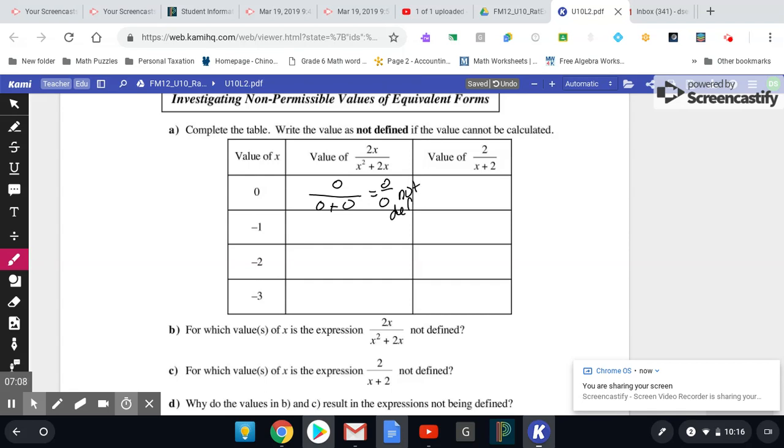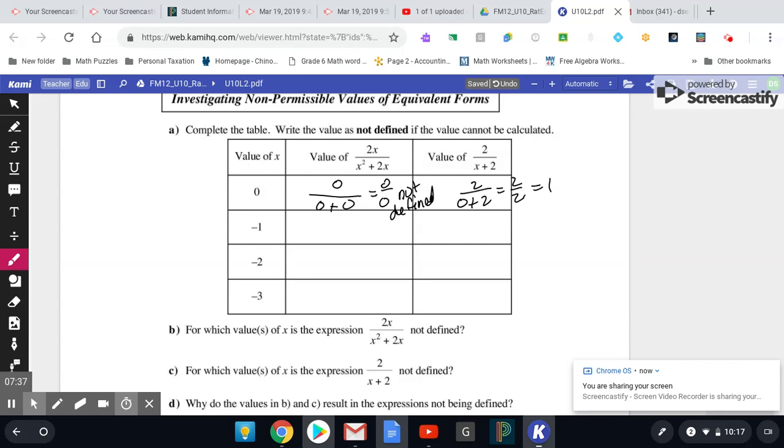You are never allowed to have a 0 on the bottom. But on the right-hand side, when I put a 0 in, that's not a problem. I end up with 2 over 2, which is 1. And that is allowed. So all of a sudden, I have in my original a value for which it is not defined, but in my reduced form, it's fine. So you must learn that you have to decide what your non-permissible values are before you cancel.